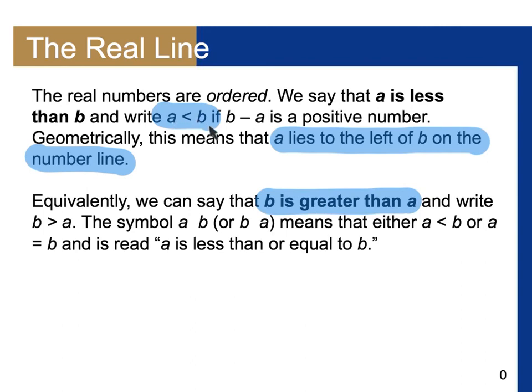So A is less than B means the same as B is greater than A. Now that means B is going to be to the right of A. If we say greater than or equal to, that means we would include the fact that they could be the same.